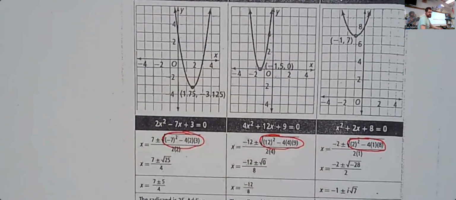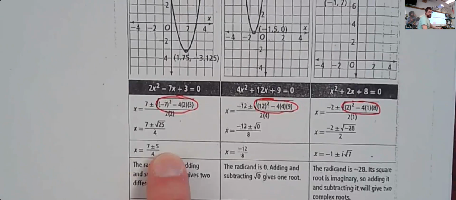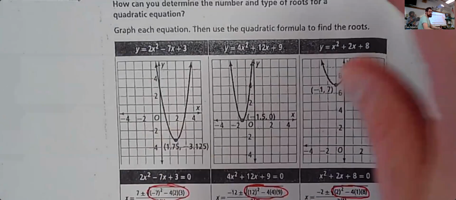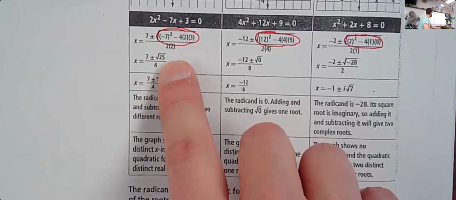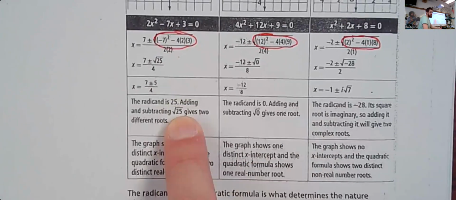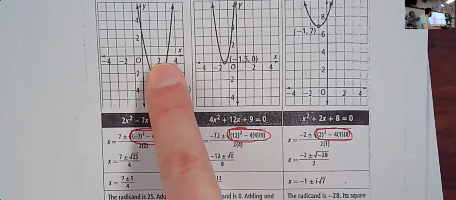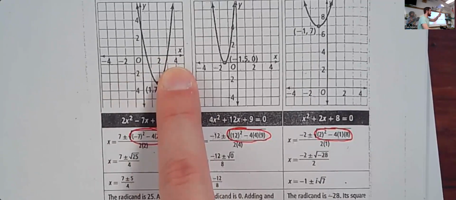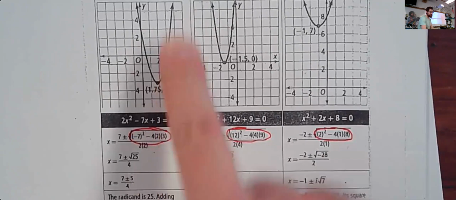It crosses at 7 plus 5 over 4 and 7 minus 5 over 4, whatever those fractions end up equaling. The value of the discriminant underneath the square root is a positive number. So the radicand is a positive number. And so if the square root value in the quadratic formula is positive, there will be two places where the parabola crosses the x-axis, meaning you're going to get two solutions.